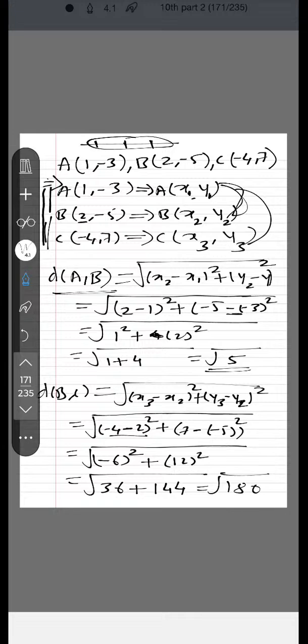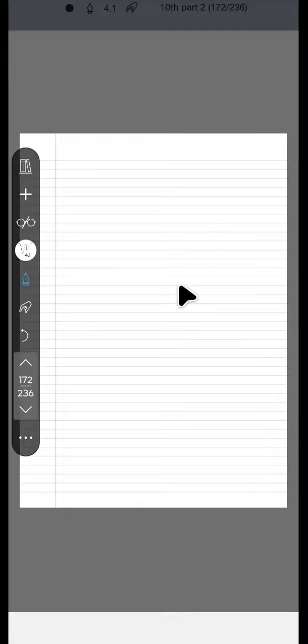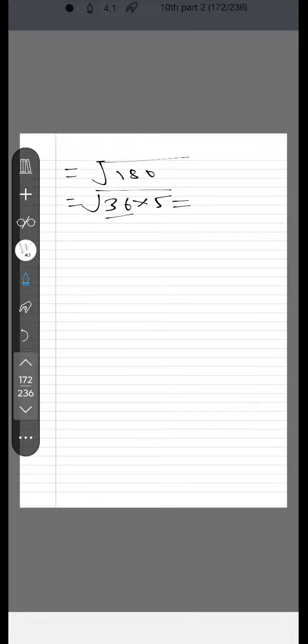Now just observe, what is the square root of 180? I can express that term as 36 fives, which is nothing but 6 square root of 5. So here d of B comma C, what I get is the distance 6 square root of 5.